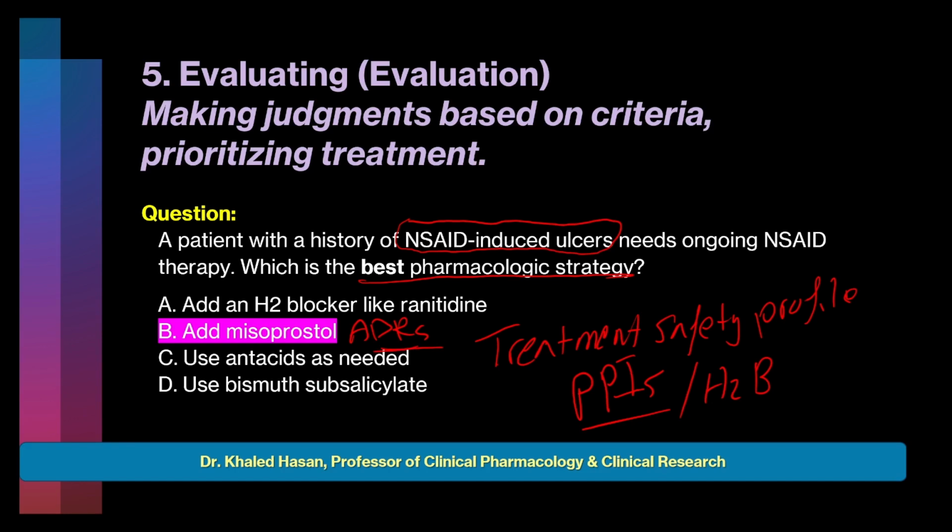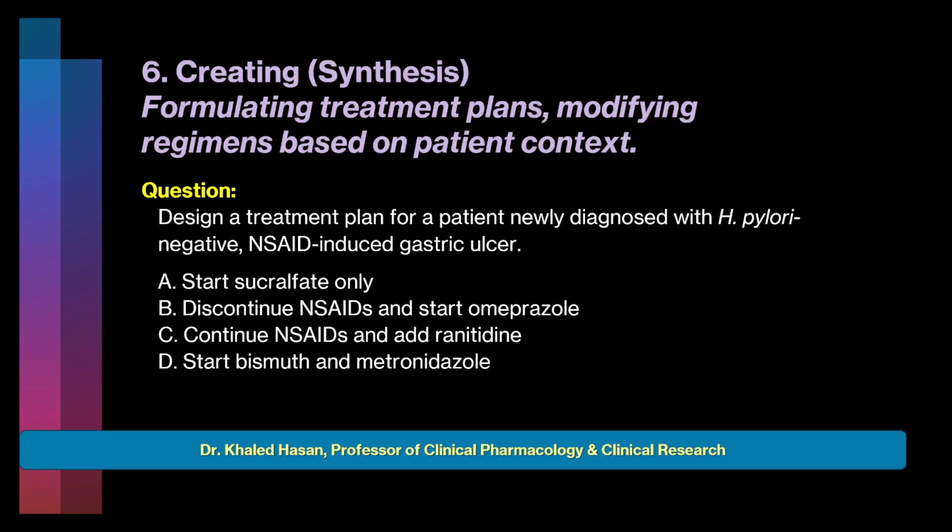Okay, the last level of Bloom's taxonomy, which means creating a treatment plan, modifying the regimen of treatment. Design a treatment plan. Here you are asked to design a plan for a newly diagnosed patient who is Helicobacter pylori negative and suffers from NSAID-induced peptic ulcer. How can we manage the situation?